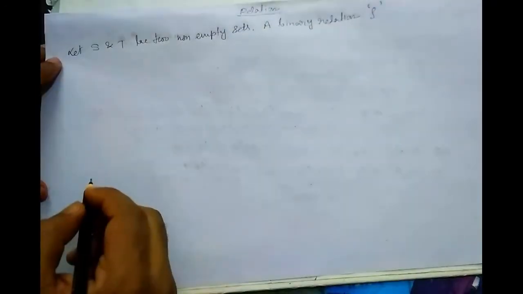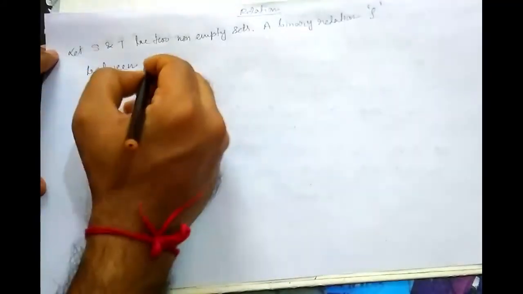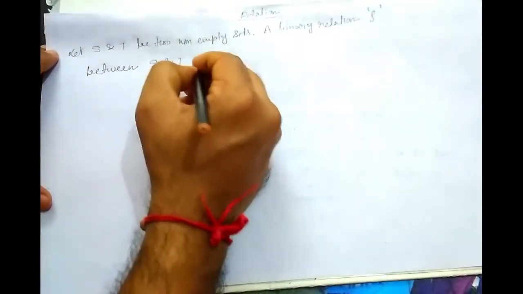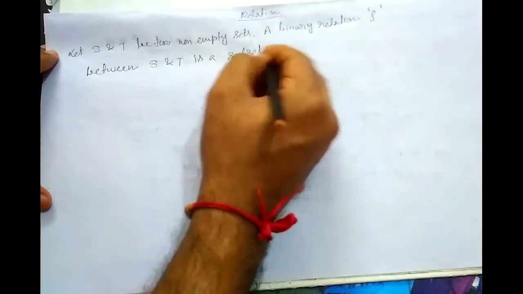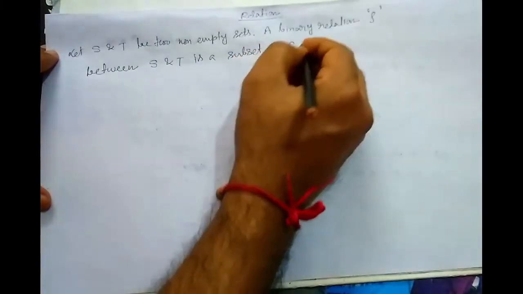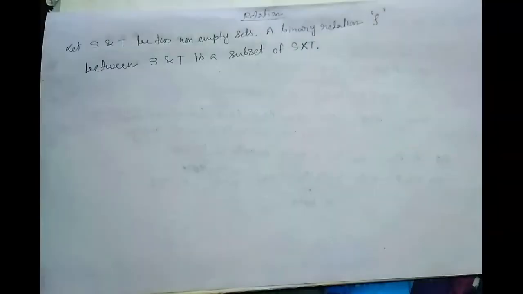Okay, this is called rho, between S and T is a subset of S cross T. Okay, so what is relation rho, rather binary relation rho?